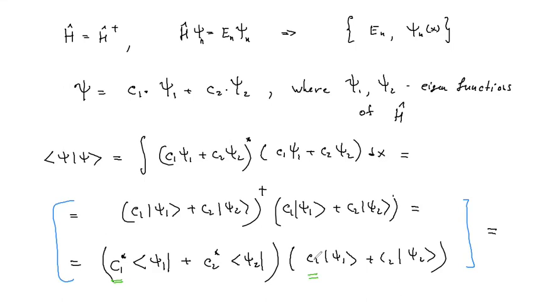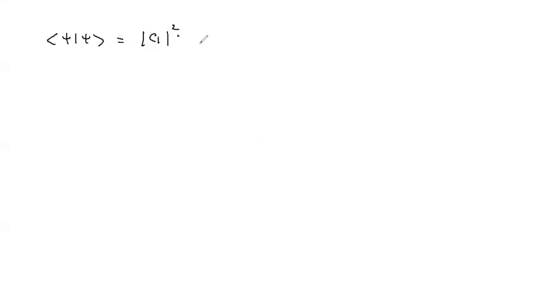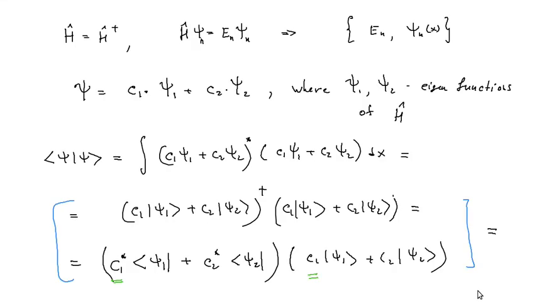C1 star C1. Then you have psi1 conjugated and psi1. Can I just write it like this? What else I'm gonna have? What will be C1 star C2?